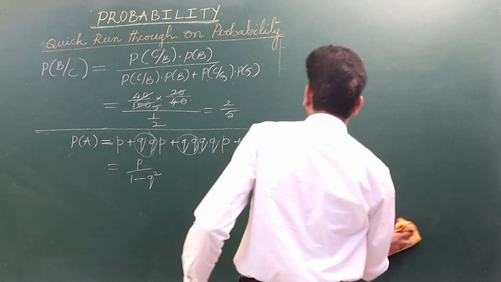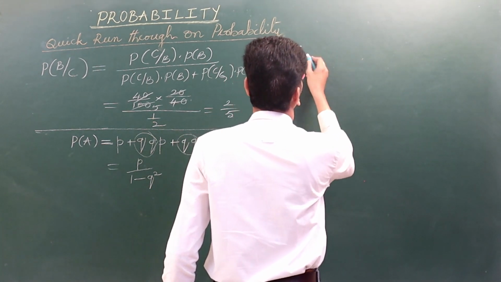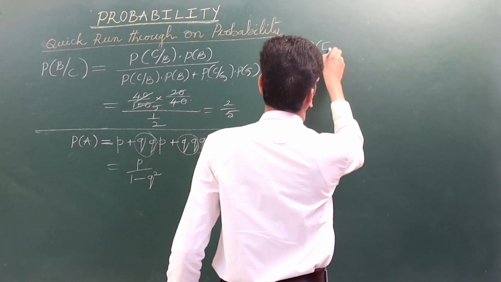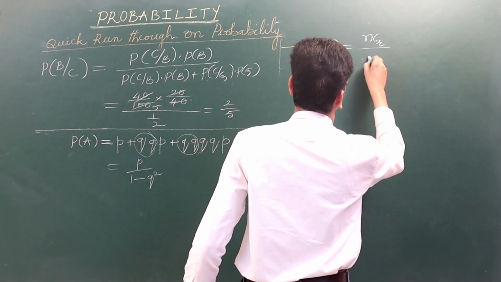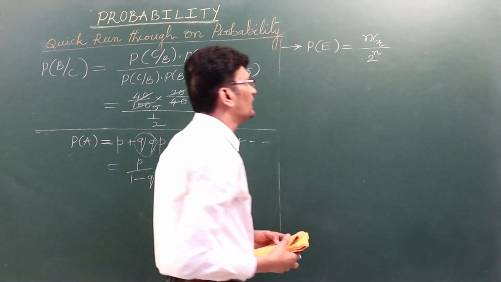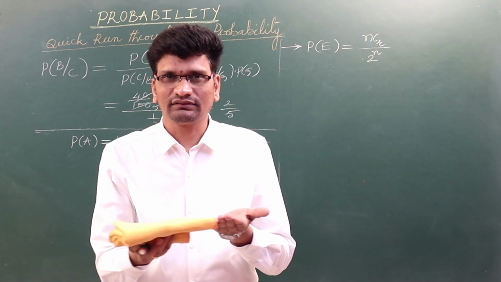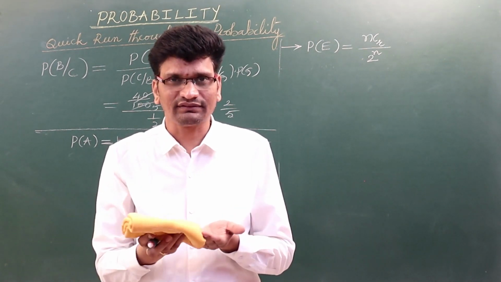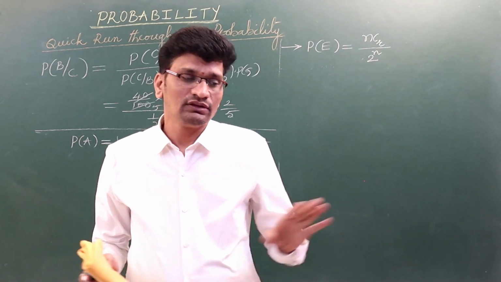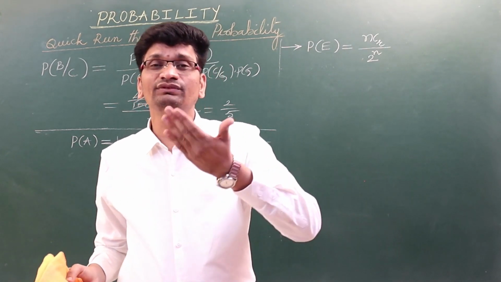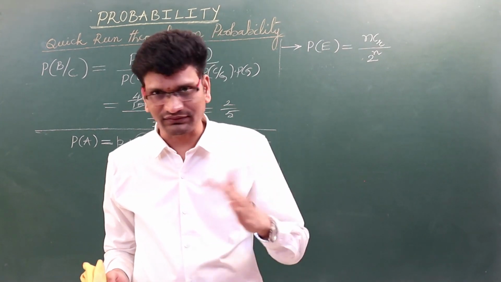So, in what way, let us see. For the coins model, the probability of the event is nCr by 2 power n. When a coin is tossed, you will get n upward faces. In these n upward faces, he wants r heads only. So out of n, I am choosing r places for heads, nCr.